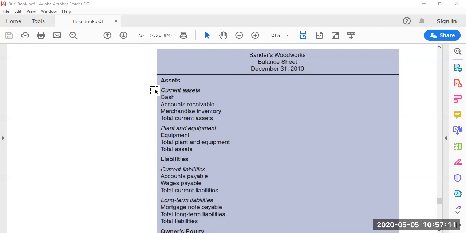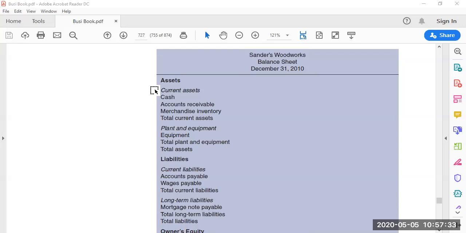Now, that standard tells us that when you are creating a balance sheet, there's an order in which that balance sheet should be created. You don't just randomly throw things up in there. You organize them, keep things in an organized, orderly fashion, starting with your assets. Under your assets, you then put your current assets.